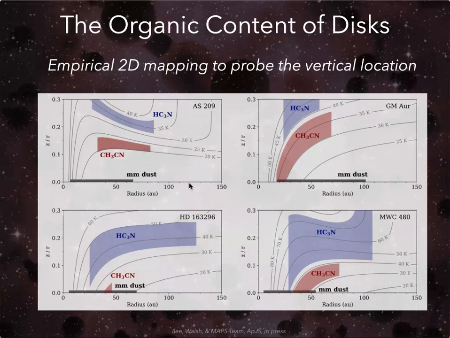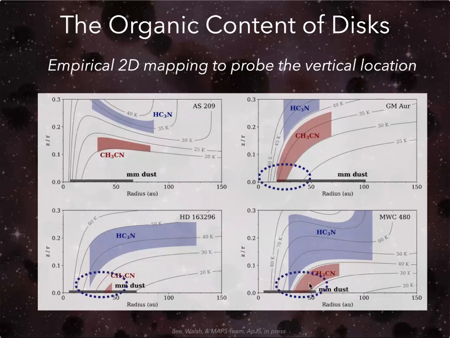And this is what I'm showing on here. You have the radius on the x-axis and the height away from the midplane on the y-axis. The contours show you the temperature structure of the 4 discs. In blue, we have where the HC3N is sitting, and in red, where the methyl cyanide, the CH3CN, is sitting. You can see in some cases we are getting quite deep down into the midplane.